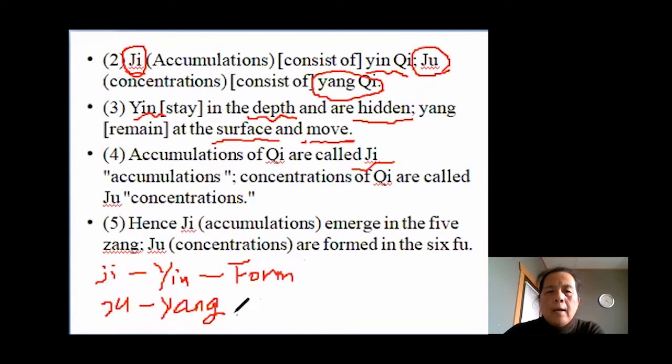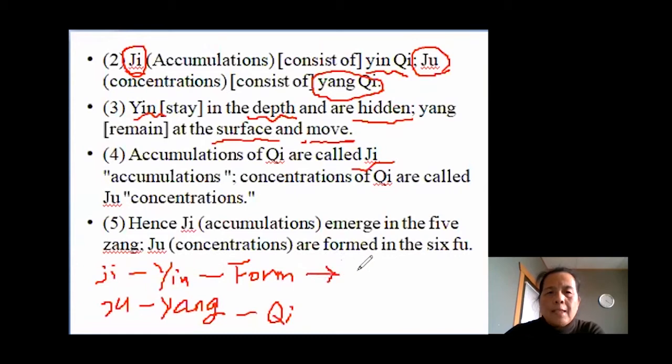The yang is moving, it's not the form part. Yang is certainly more the qi part, the energy part, but yin is more the form part. So even for qi, in the yin part of the qi, when it causes illness, it can still cause a form.